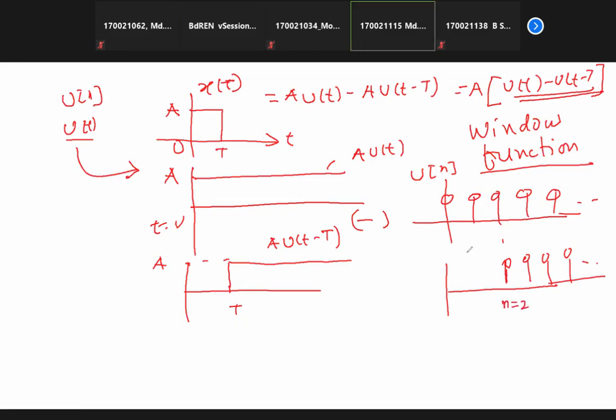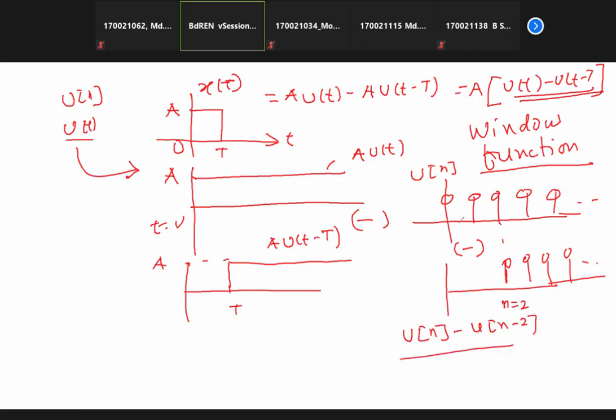Then if we subtract them, what will happen? Only the first two values will appear: u[n] minus u[n minus 2]. Then only these two values will appear in our signal and it becomes a pulse. Similarly, if we change the value of n, the duration of your pulse will be set in this way. So you can prepare a pulse type signal using two unit steps.